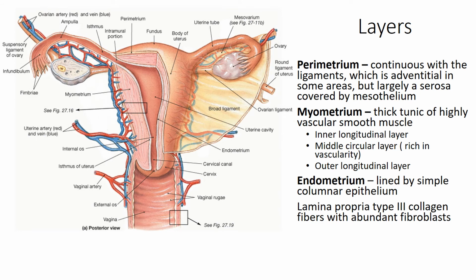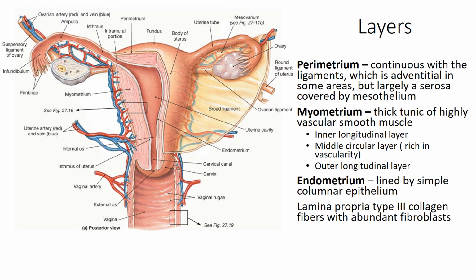Now, in this section of the uterus, you can see how there are three concentric layers. The outermost layer is the perimetrium, and this perimetrium is the layer which is in continuity with the ligaments which are attached to the uterus, and it is mainly serous, the peritoneal covering which covers it.